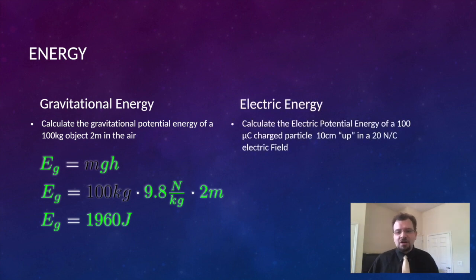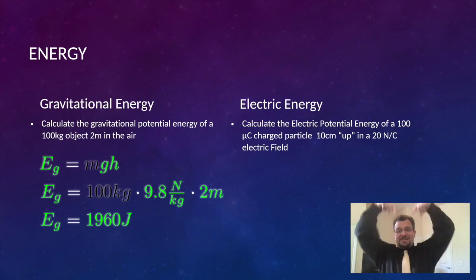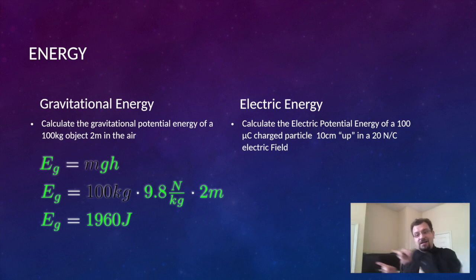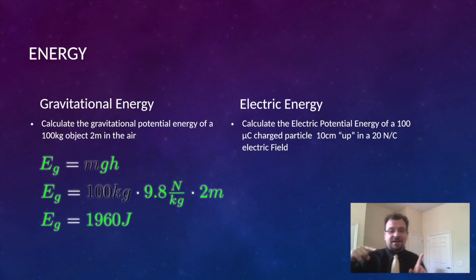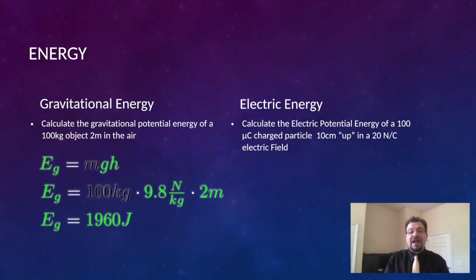We can do something similar when it comes to the electrical energy. So same particle, 100 microcoulombs. Now we're going to be looking at it traveling 10 centimeters up. So that's basically if you've got that electrical field pointing down, or it could be pointing to the left or pointing to the right, then it's going upstream against those arrows in the electrical field.